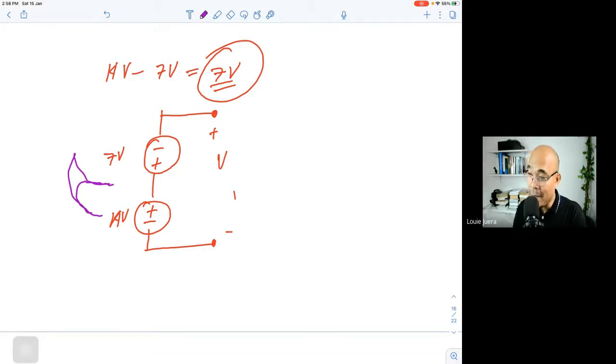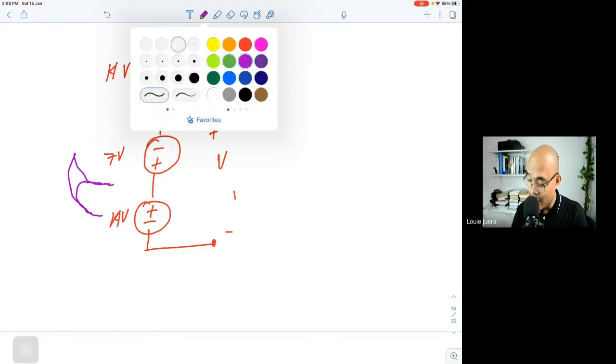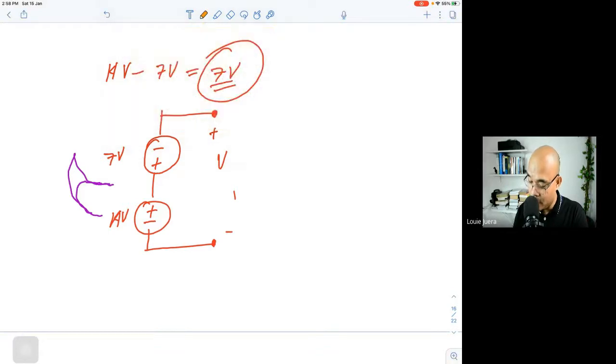However, the 7 volts is a shorter wave. So that is why this is the opposition. This is the opposing voltage. After the 7 volts, the wave of the 14 volts will be a little bit smaller because of the reduction of 7 volts there. So that is why the output voltage here is only 7 volts.